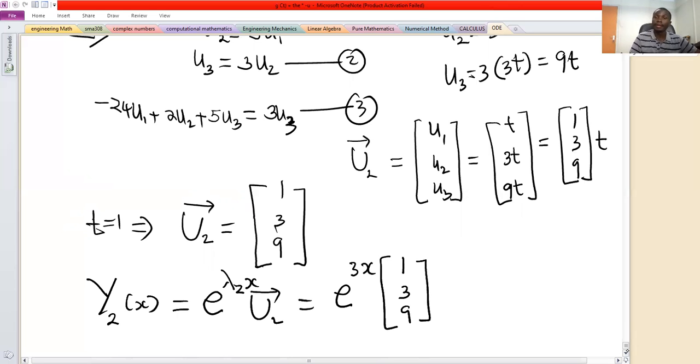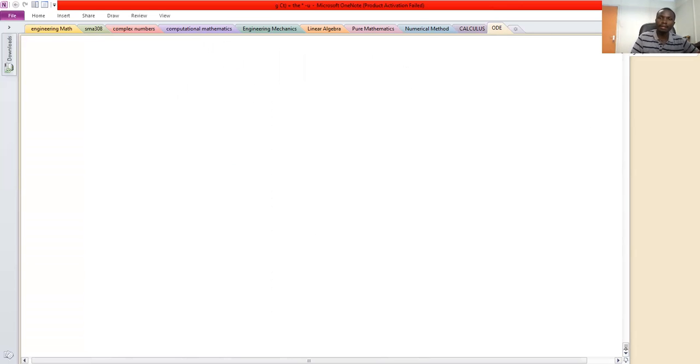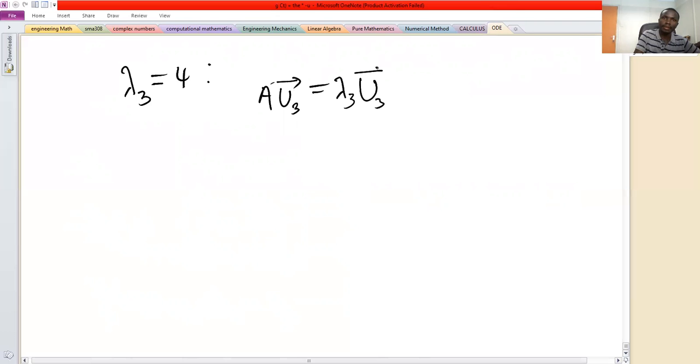And then lastly, lambda 3 given by 4. A U3 should be lambda 3 U3, this value eigenvector relation.